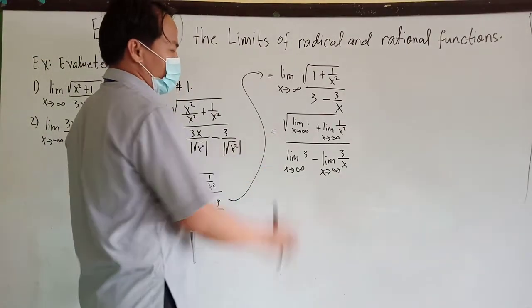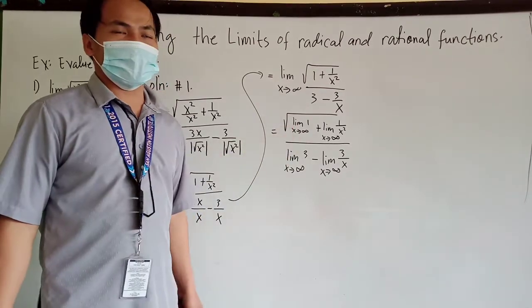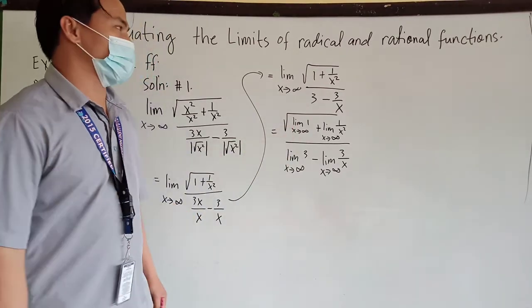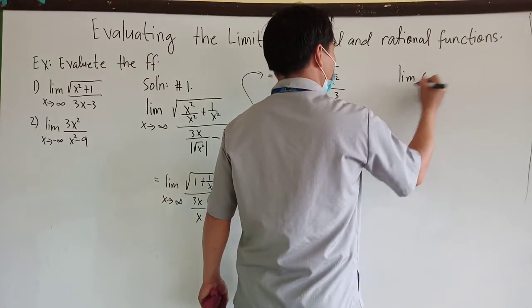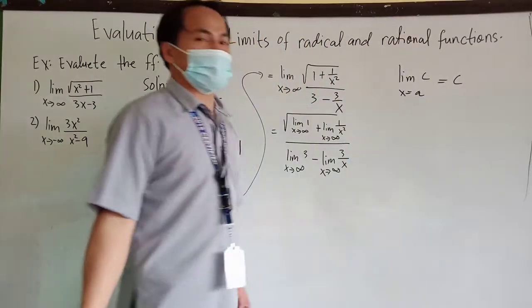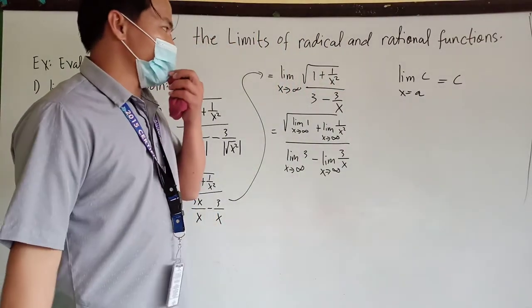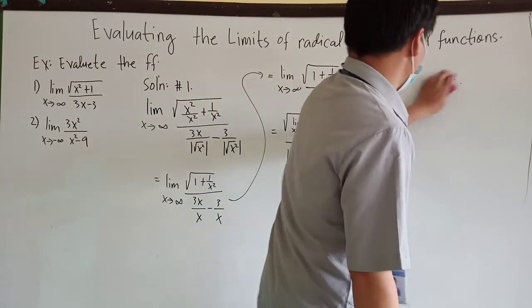In the previous topic, we had the limit of a constant: if you have limit of c as x approaches a, the answer is still c. So you can now use that property.